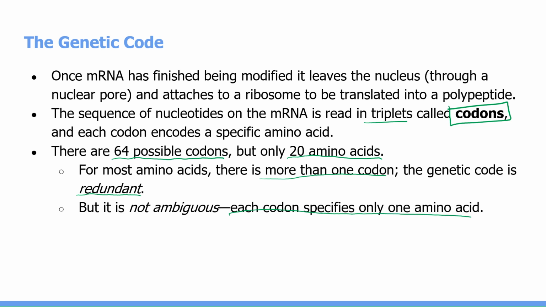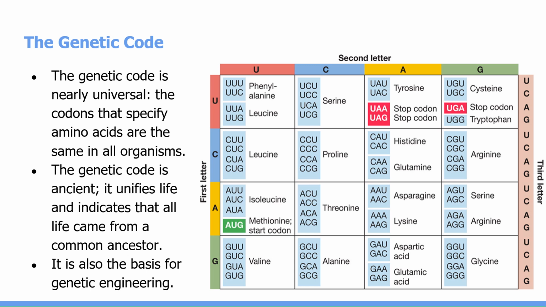Let's look at that. So again, the genetic code is nearly universal. The codons that specify amino acids are the same in all organisms. The genetic code is ancient and it unifies life and indicates that we come from a common ancestor. So this allows us to genetically modify organisms, thus the basis for genetic engineering.